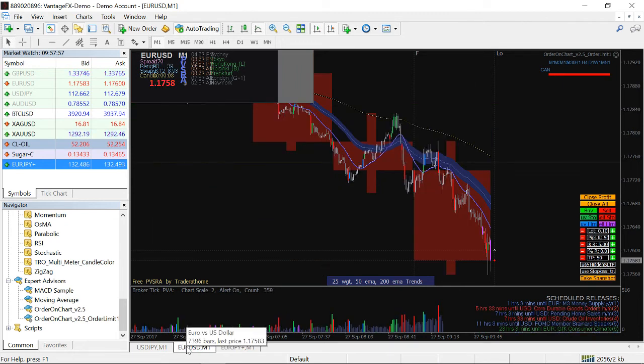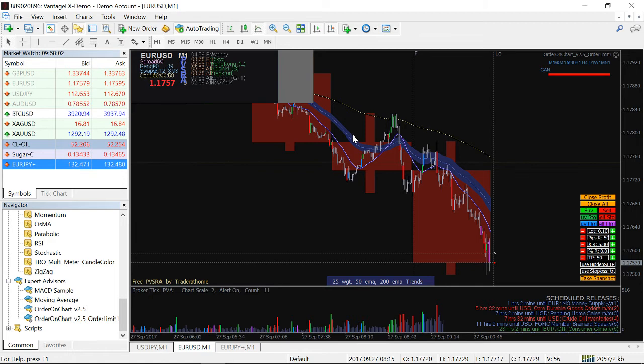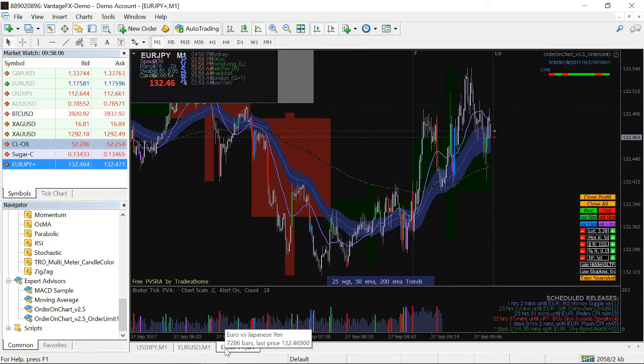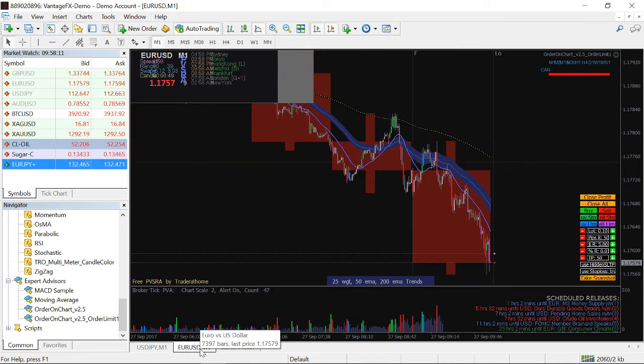Whereas if you go to this one, you can see it more clearly. This chart is much clearer than this chart. This chart is kind of very difficult to understand what's going on, right? When you look at this chart, it gives you a much better idea. Of course, I'm talking about PD array.